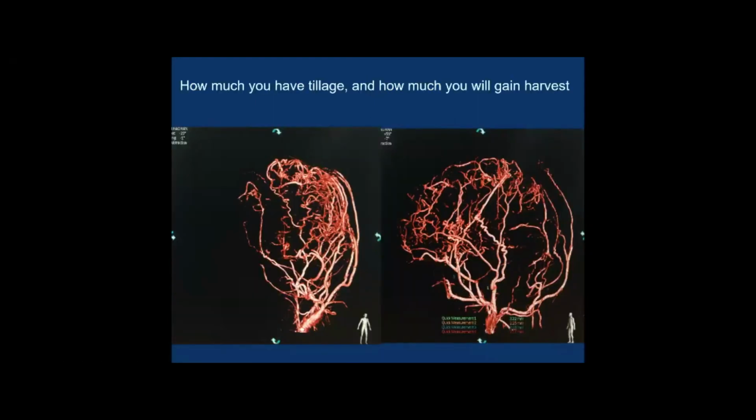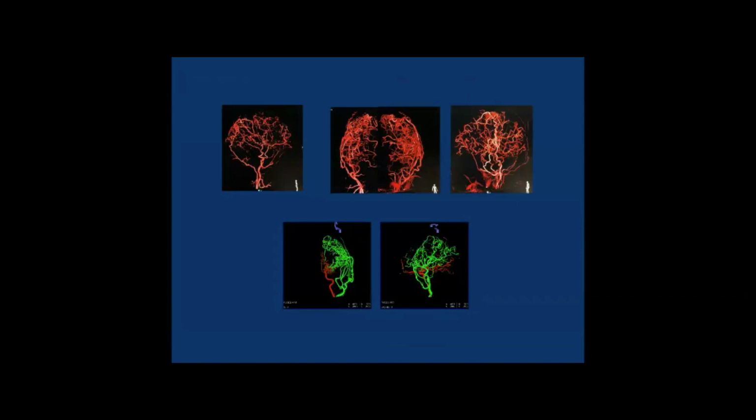So we can see not only the surgical hemisphere, but also the contralateral frontal lobe can be supplied by the ECA branches. You can see almost all the ICA blood flow was totally replaced by the ECA branches.